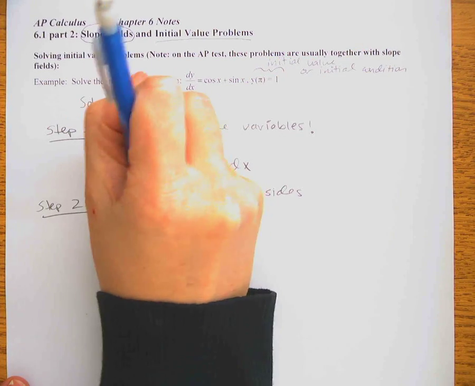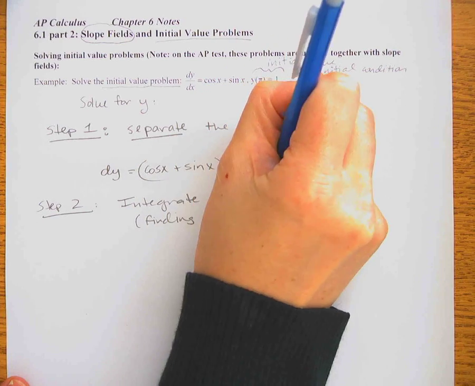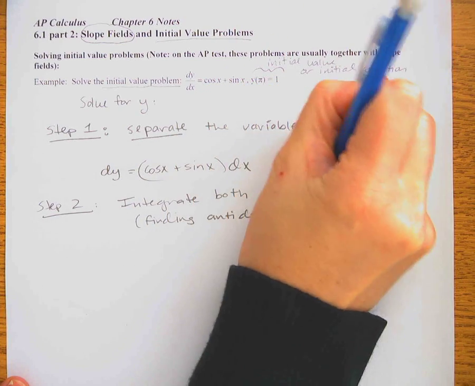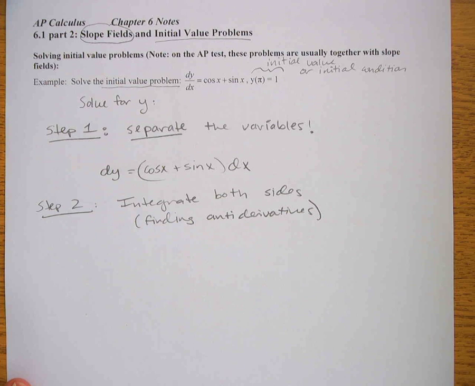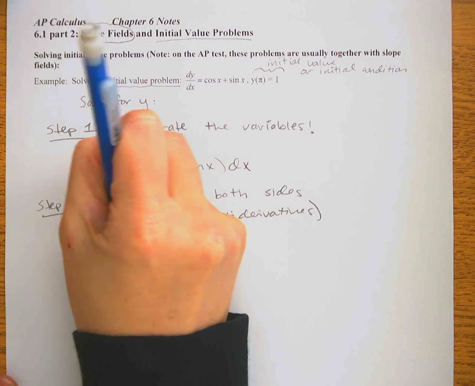And so that involves finding antiderivatives. And so we can use the formulas we got at the first part of these notes, or we could just think backwards like we did in chapter 5 and figure out what function would give me this derivative. Okay, so I'm going to go ahead and integrate both sides.